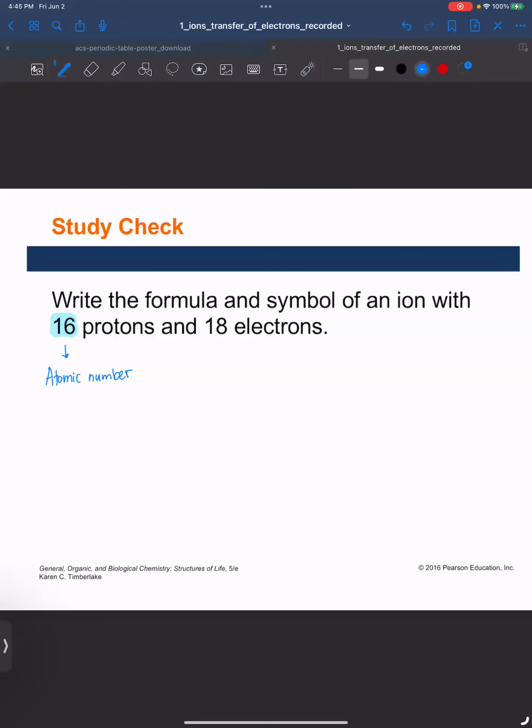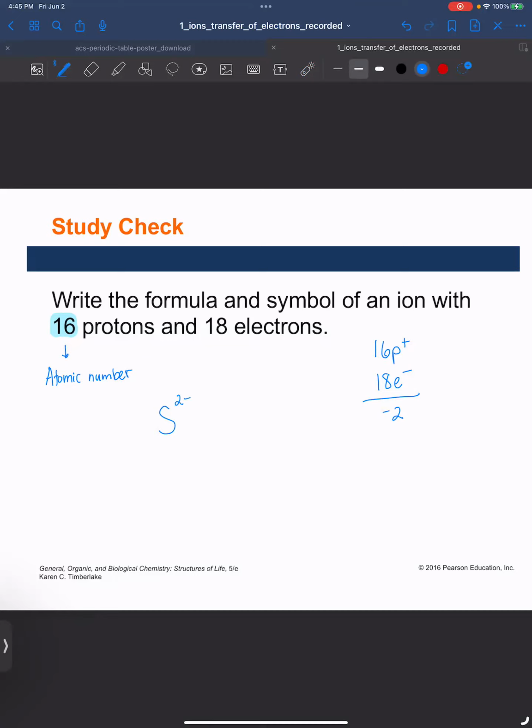So write the symbol for sulfur. And it has 16 protons and 18 electrons. So 16 minus 18 is what? -2.